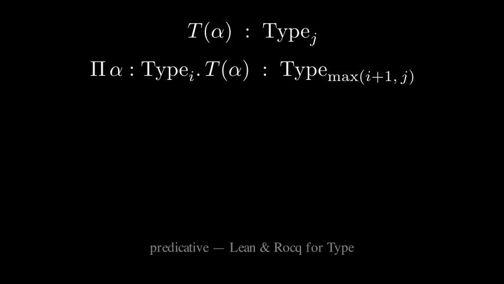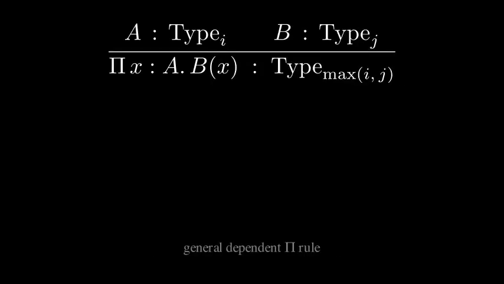At least one floor above Type i and never below where the body already sits. That was just a specialization of the general dependent Pi rule. The universe of a Pi is the max of its domain's universe and its body's. Plug in Type i as the domain, which itself lives at Type i plus 1, and the predicative formula falls out.